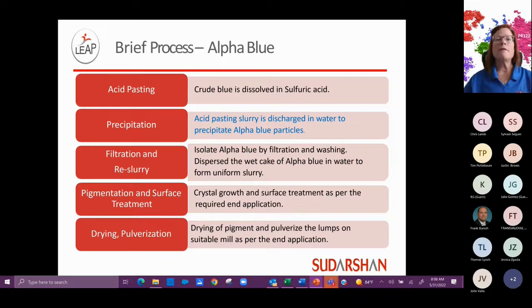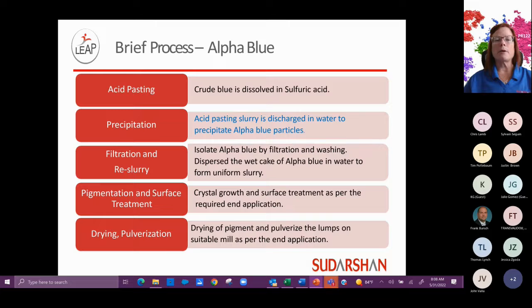Here is a brief process of the alpha blues. The key area is in the first steps, where the crude blue is dissolved in sulfuric acid, called acid pasting. This acid paste is then precipitated out to create those alpha blue particles.